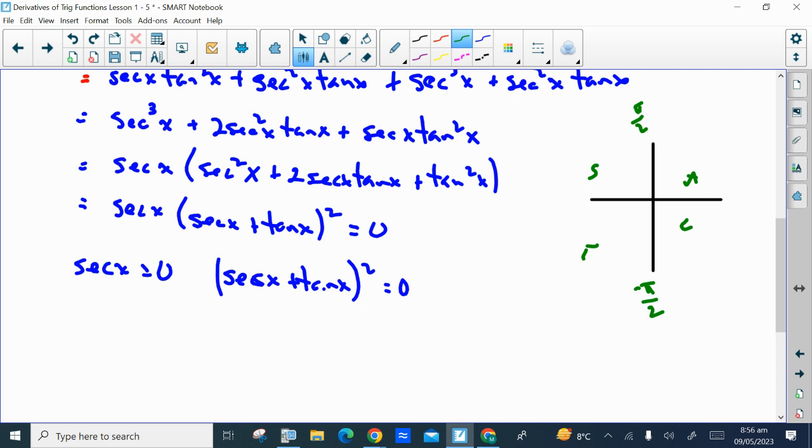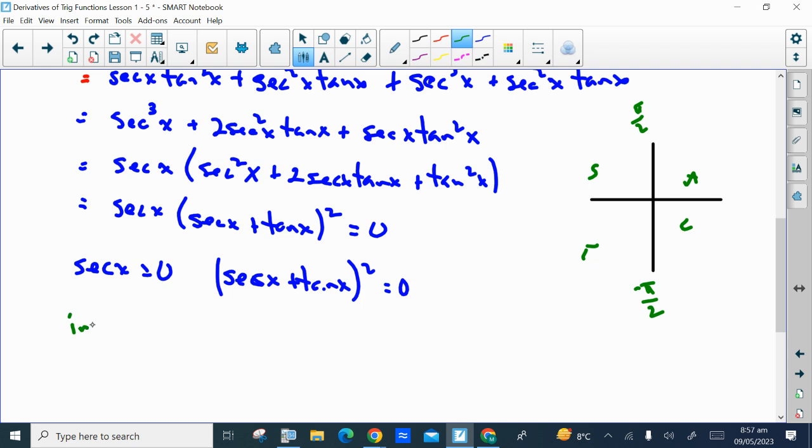So in this case here, we actually don't have to find our critical numbers because the first factor is always going to be positive. And so is the second factor, because no matter what you get inside the bracket, it's going to be squared anyways. So we don't even have to find our critical numbers. We just have to look at the unit circle and use the CAST rule.